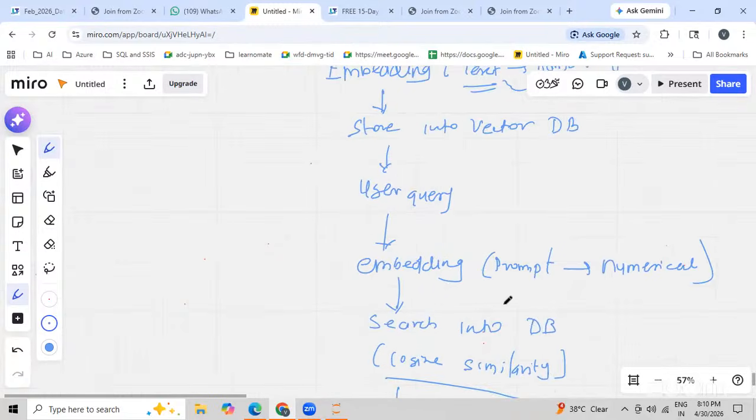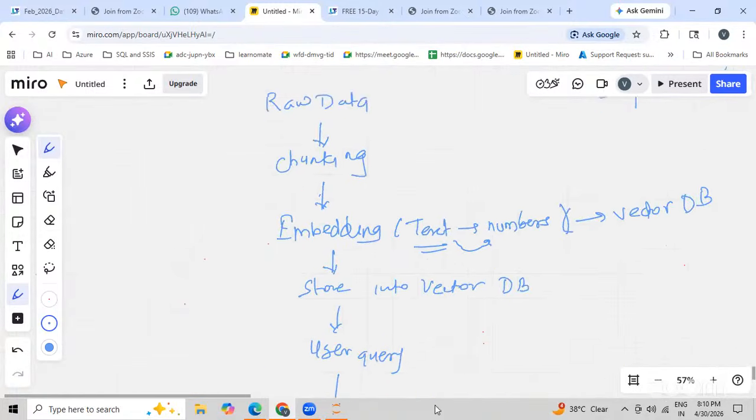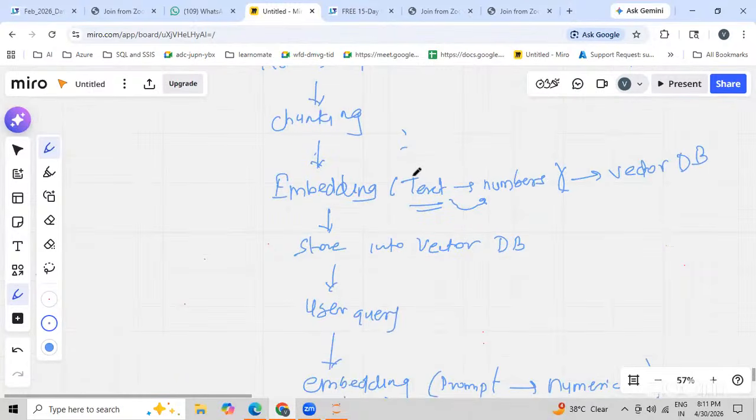These are the steps we are going to follow practically. How can we use RAG in a real-time scenario? In the first step, we require raw data. We split this raw data into different chunks. The chunks are converted into embeddings. These embeddings are stored in the vector database.